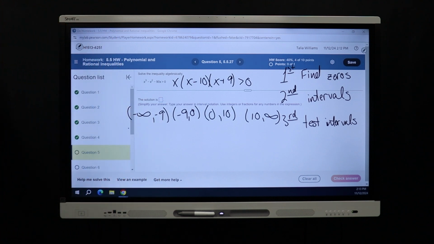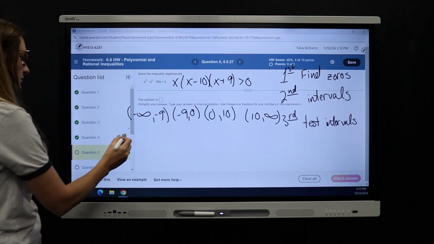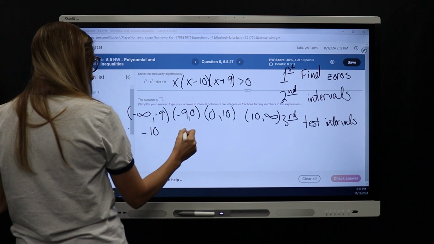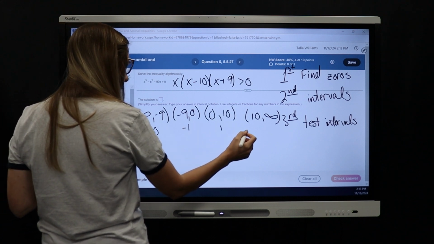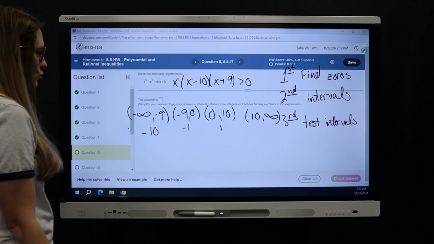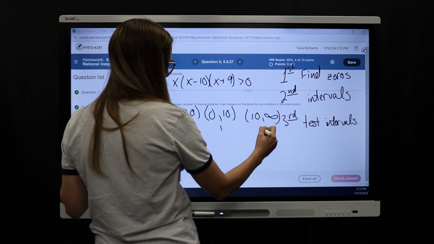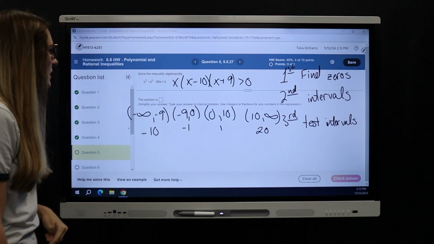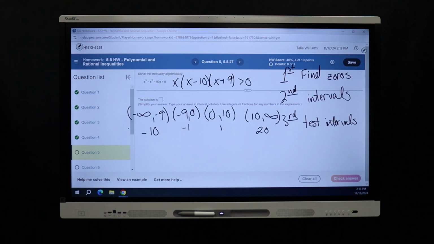All right, let's pick our test values for those intervals. Let's do negative 10 here. I want to use negative 1, positive 1. Since 10 is included there, let's do 20. Let's test.